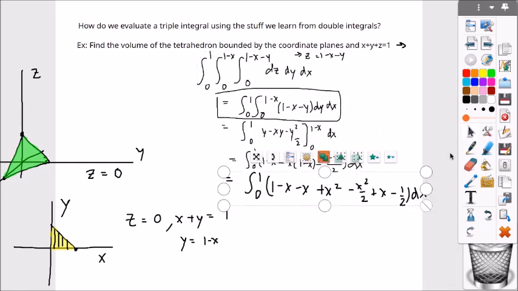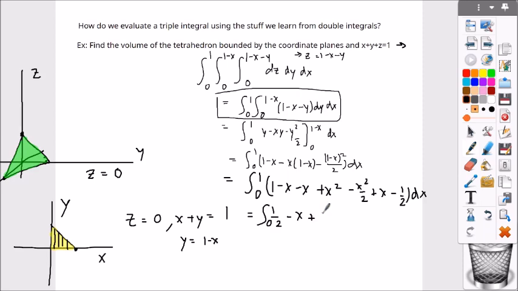So there you go. And that's equal to the integral from 0 to 1 of, well, 1 minus 1 half is 1 half, minus x plus x is minus x, plus x squared is plus x squared over 2 dx.